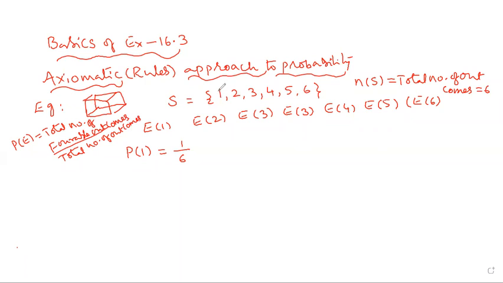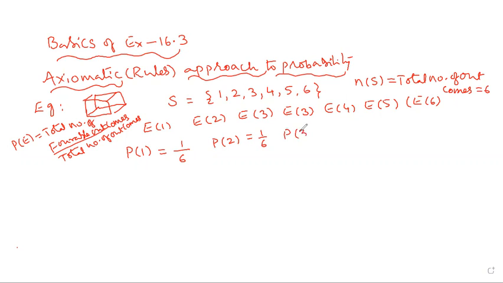Right. Everyone here, favorable: one number. Probability of 1 is only 1 by total 6. Probability of 2 is only one number, 1 by 6.